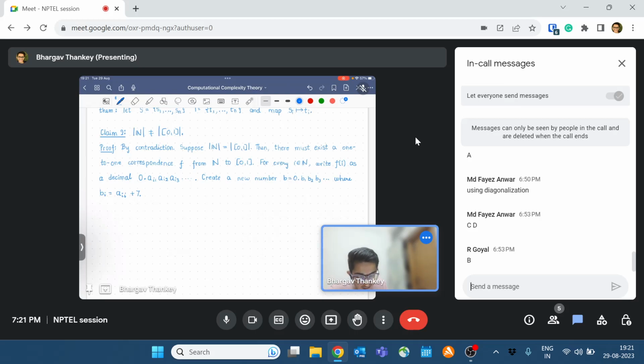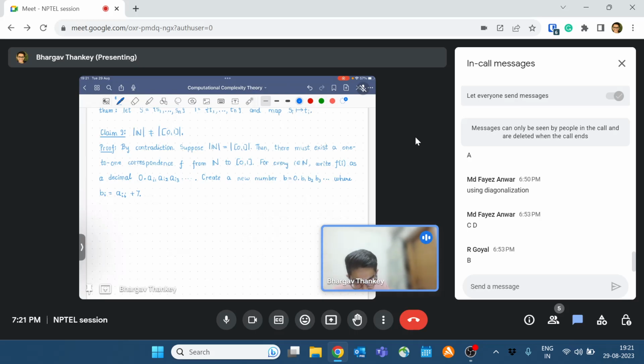So we have an infinite list of numbers f1, f2, and so on. And by using the digit in the first decimal place of f1, the digit in the second decimal place of f2, and so on, we are creating a new number b.